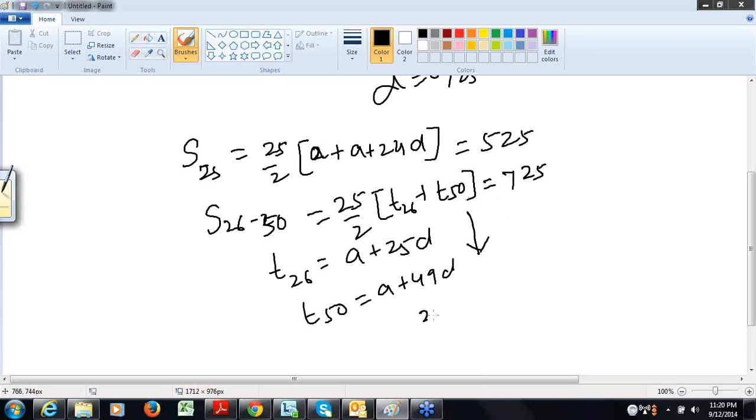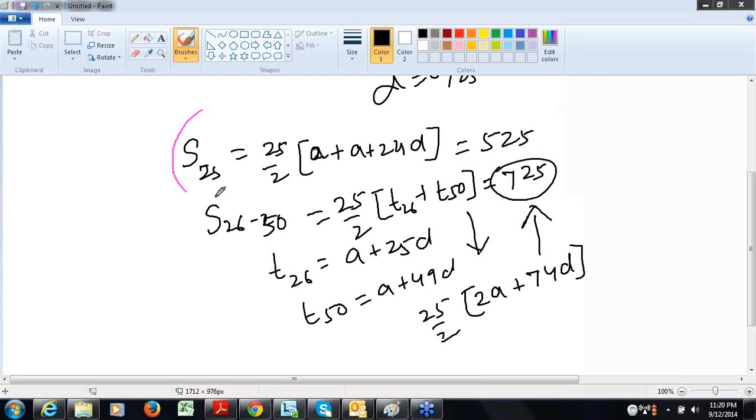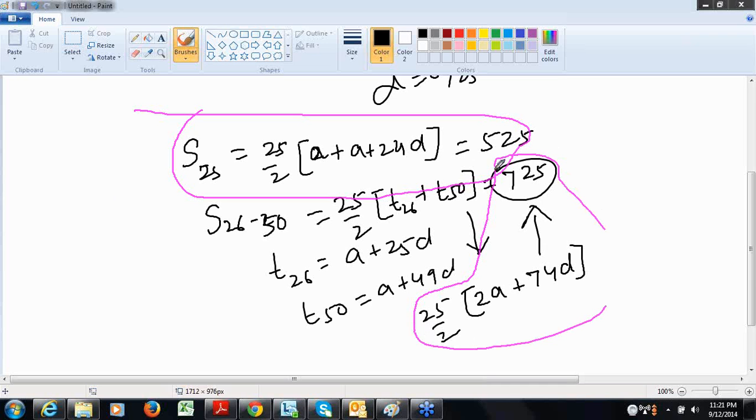This will turn out to be 25 by 2 into a plus 74d, which has been given as 725. So solve these two equations and get the value. You'll get the value d as 8 by 25.